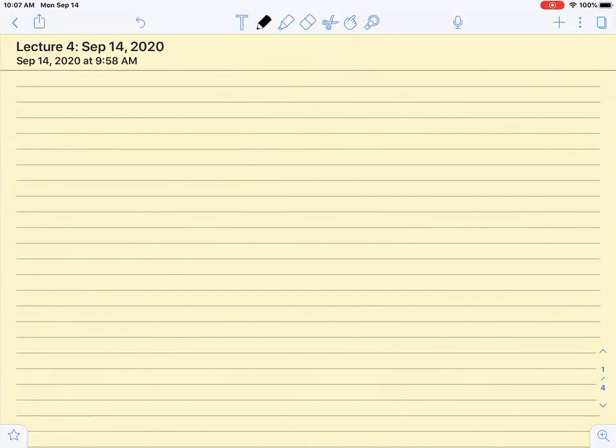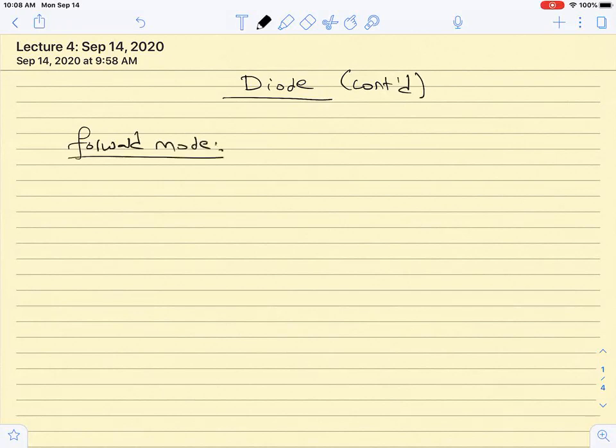We were talking about the diode, and we said that diodes can be modeled in the forward mode and in the reverse bias mode. In the forward mode, the diode is on.